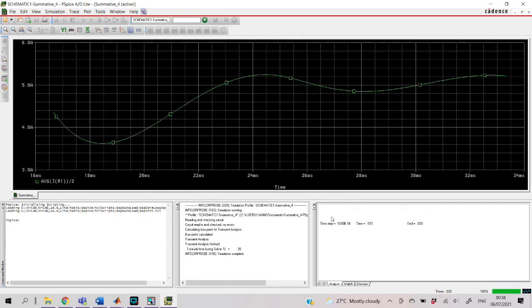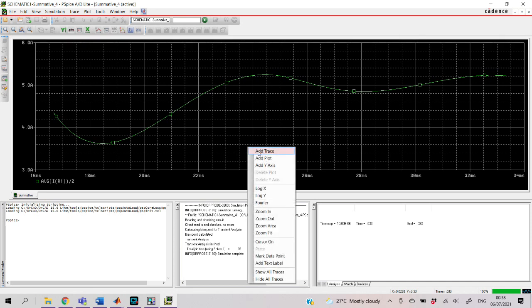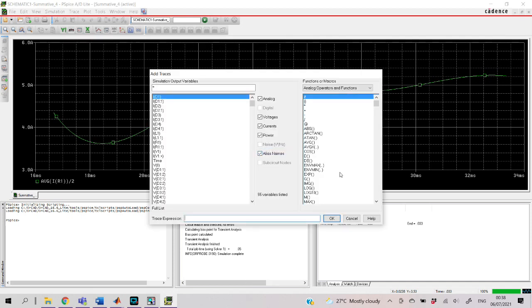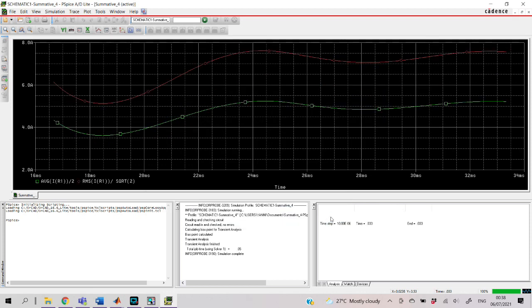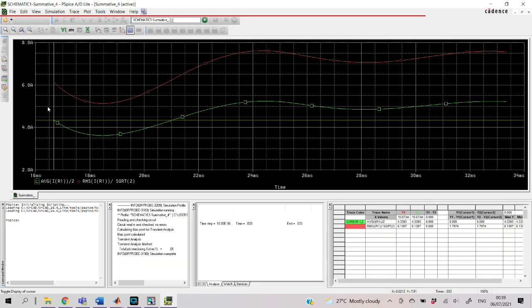And then click OK. And now for the RMS value, we should add another trace: RMS of the IR1 divided by square root of 2. So let's try to measure this with our cursor.